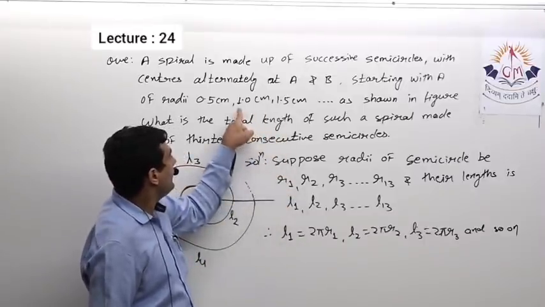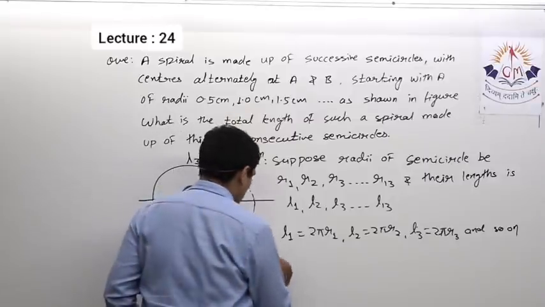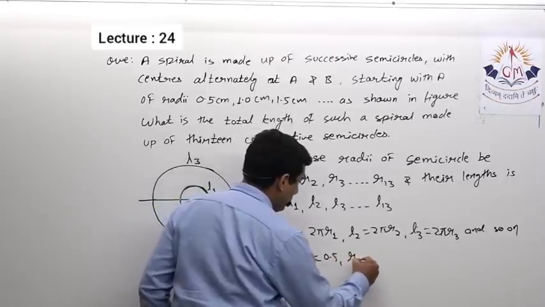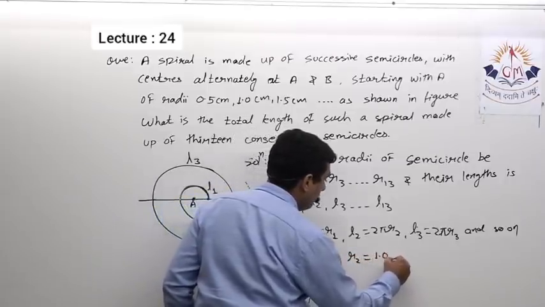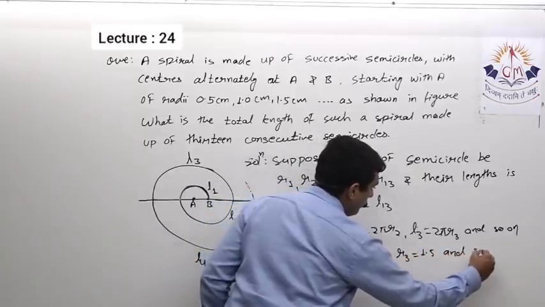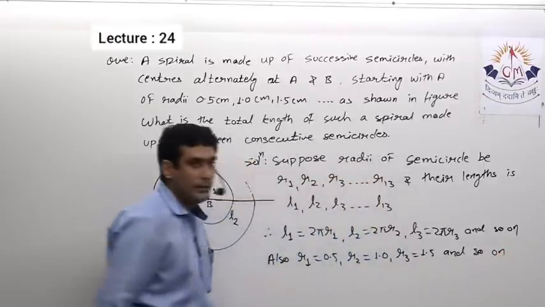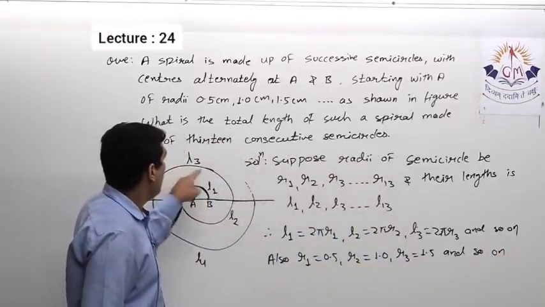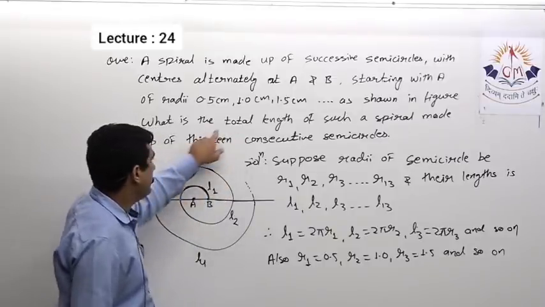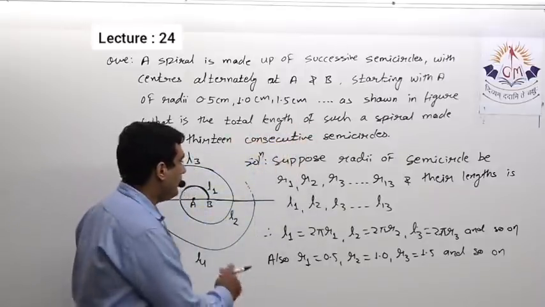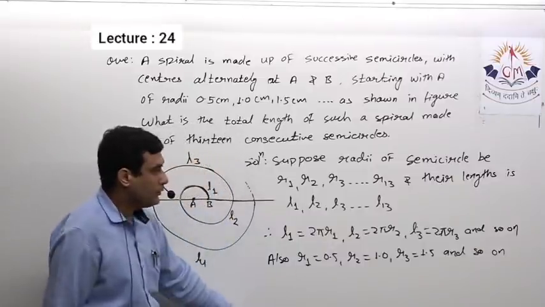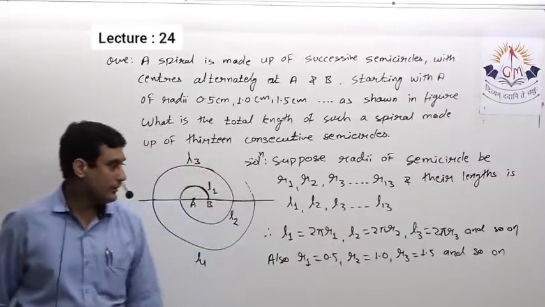Also the radii are R1 equal to 0.5, R2 equal to 1.0, R3 equal to 1.5, and so on. These are the radii. Now we have to find the sum of all these lengths, that means the total length of the spiral. So the total length is given by L1 plus L2 plus L3 up to L13. So note it down up to this point, then I will give you its further solution.